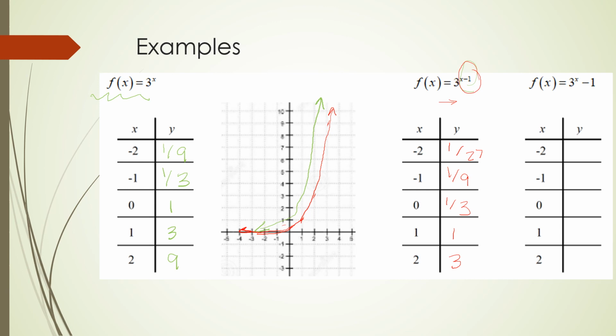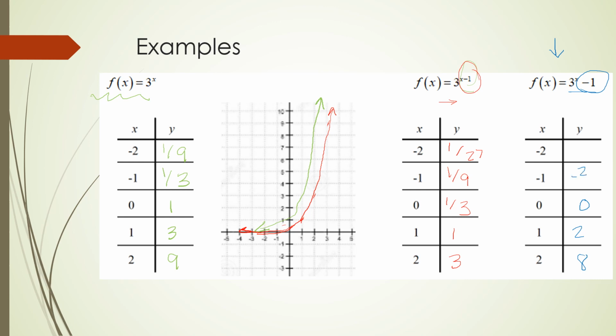The last transformation is if I subtract 1 not in the exponent, just down here. That's a vertical shift down. So this point would be (0, 0). Then (1, 2), (2, 8).